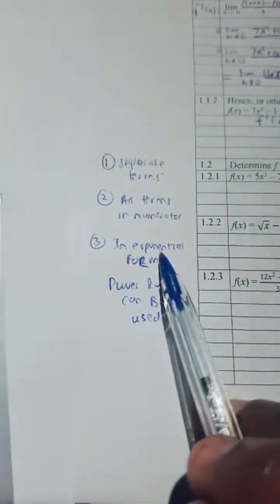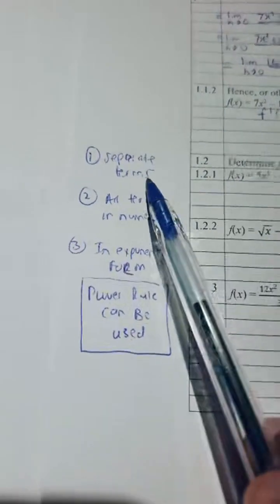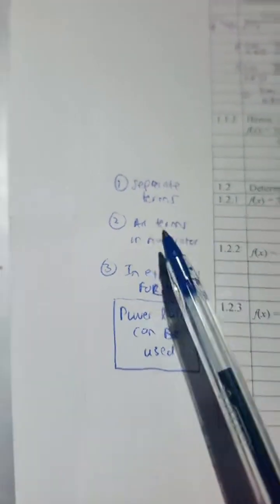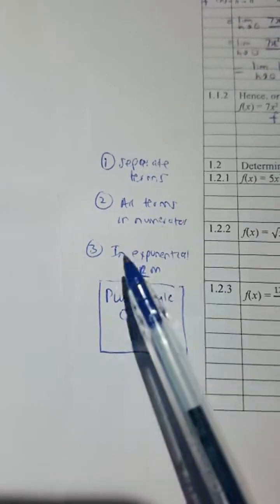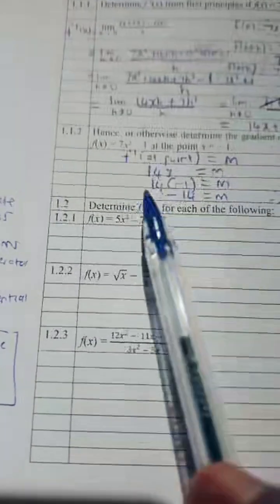If these things are not in place, then the power rule can't be used. So we need to have separate terms. All terms must be in the numerator, and in the numerator they must be in exponential form. So look at this, guys.